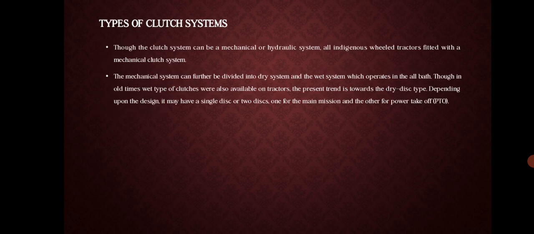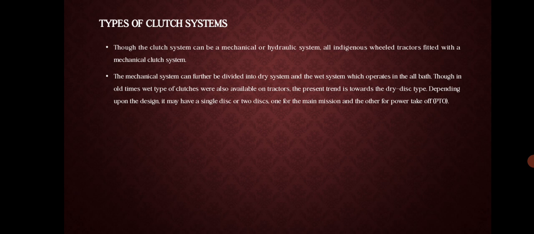Types of clutch system. Though the clutch system can be a mechanical or hydraulic system, all indigenous wheeled tractors are fitted with the mechanical clutch system. The mechanical clutch system can further be divided into dry system and wet system.